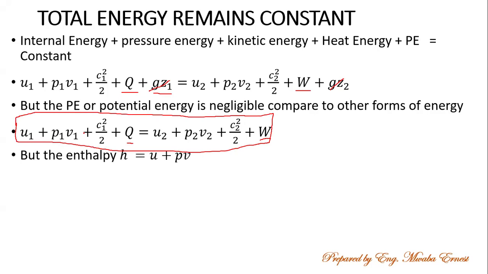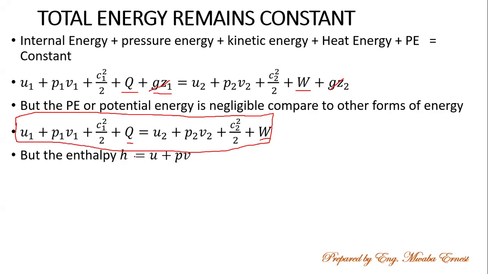Enthalpy is defined as the sum of the internal energy and the product of the pressure and specific volume. Now here we've used small letter h because this is per unit mass, or we can call it specific enthalpy.